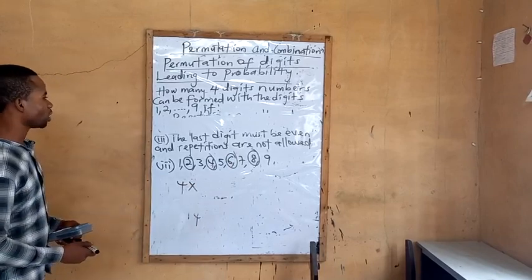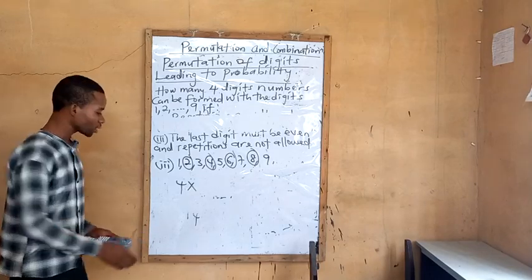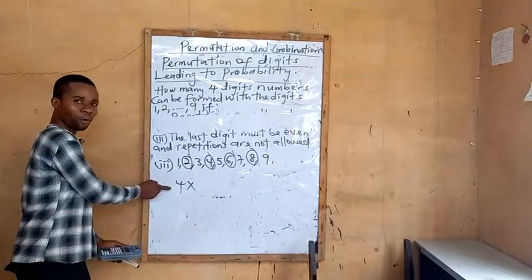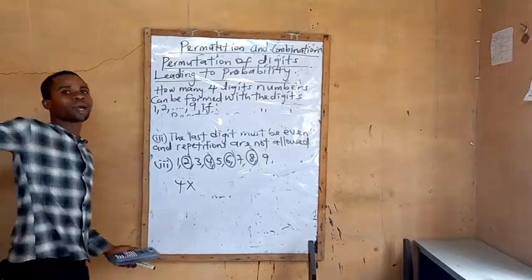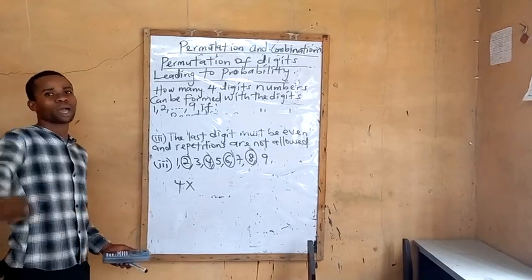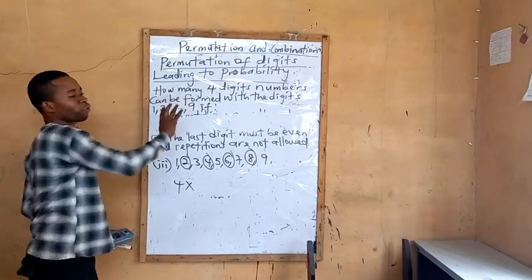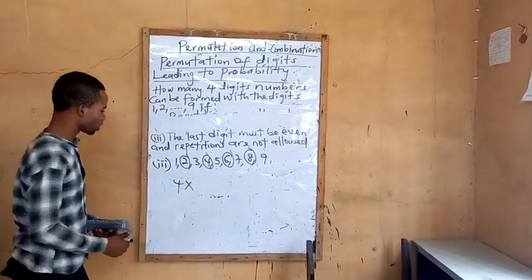And they said repetitions are not allowed. Since repetition is not allowed, once that 4 is taken, the second number, don't forget we are forming 4 digits, is going to occupy 8 places.